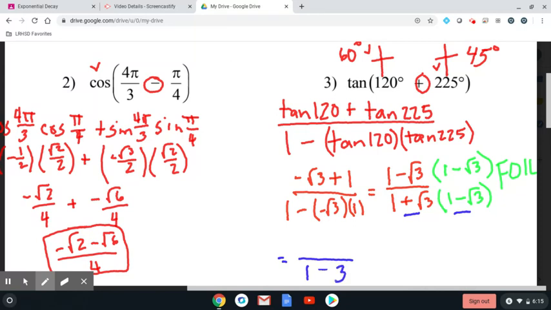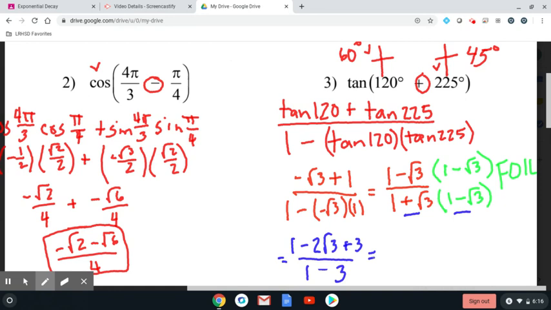That's it. The top, you're actually going to have to FOIL and then add your two like terms in the middle. So my first terms are going to give me a 1. My outside terms give me a negative root 3, but my inside terms also give me a negative root 3, so those can combine together to give me a negative 2 root 3. And then my last terms, a negative root 3 times negative root 3, just end up giving me a positive 3.